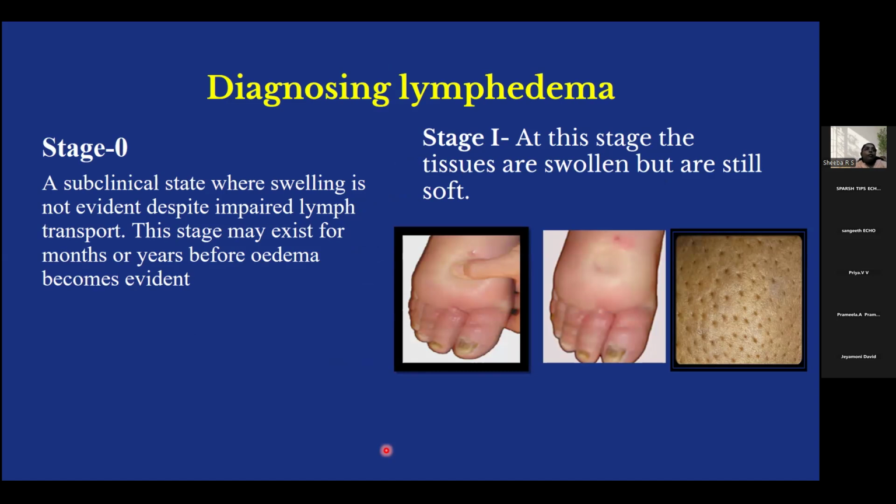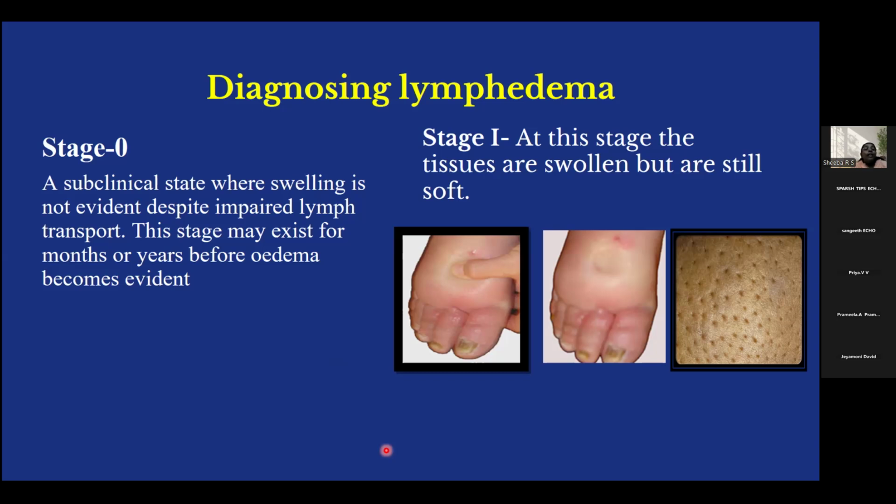For example, if a patient is diagnosed with carcinoma breast and underwent radical mastectomy, that patient can develop lymphedema later. But when you see that patient, there is no edema. That is the subclinical state, stage 0.